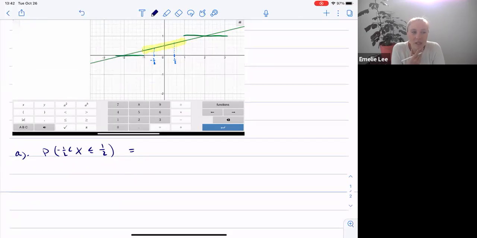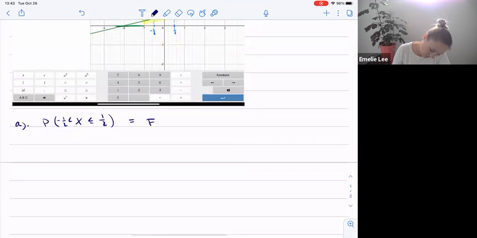Typically we would probably want to use the distribution function, but because we have the CDF, we can use it to find probabilities. So the probability that x is between -1/2 and 1/2 is the same as F at 1/2 minus F at -1/2. Okay, so we leverage knowing the CDF to solve this problem.